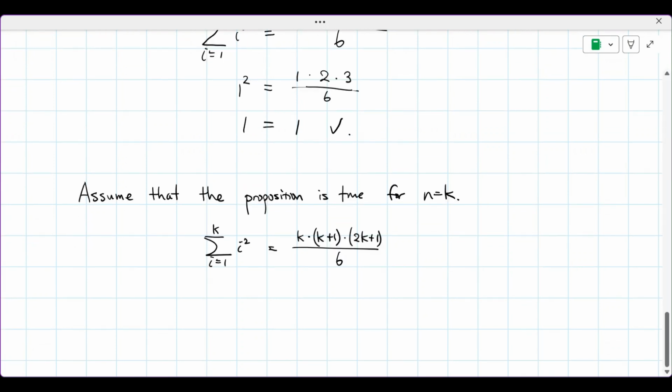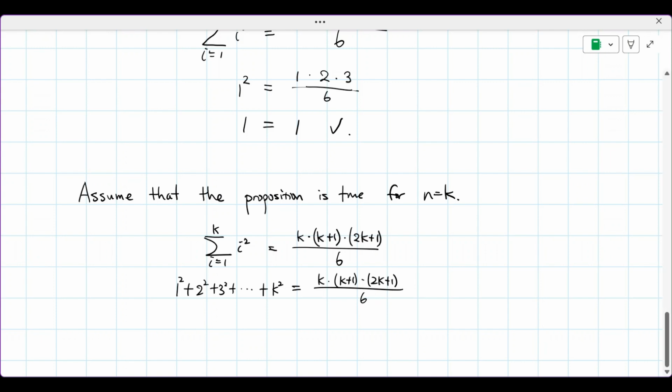Now, not many people like this summation notation, so maybe you can try to rewrite this expression as 1 squared plus 2 squared plus 3 squared plus dot dot dot all the way to k squared is equal to k times k plus 1 times 2k plus 1 divided by 6.